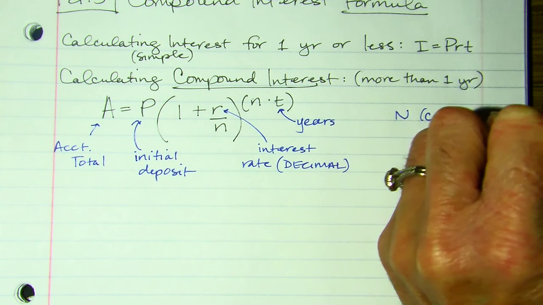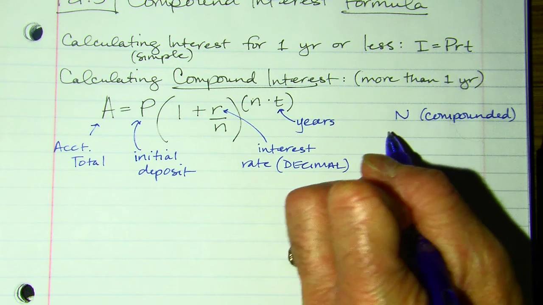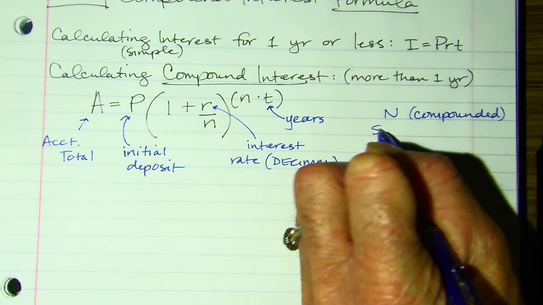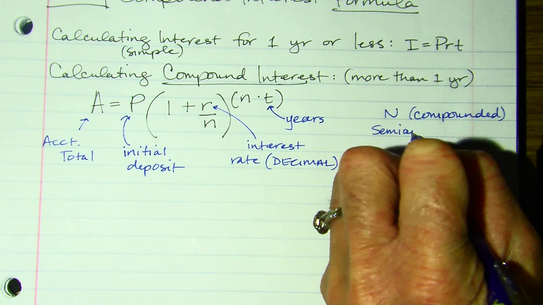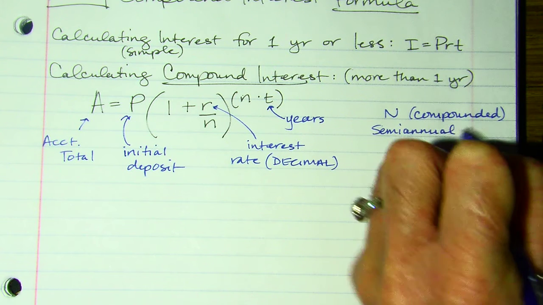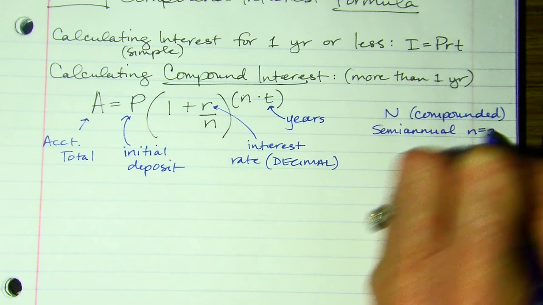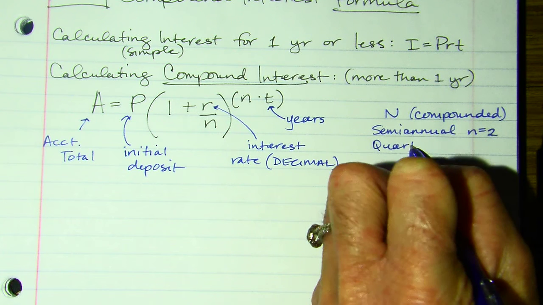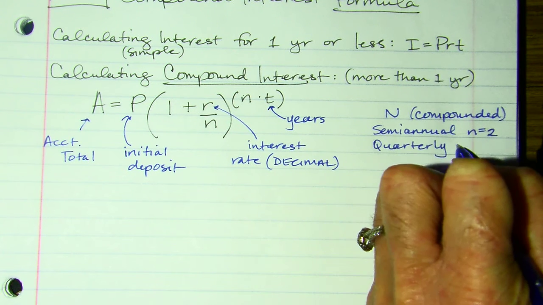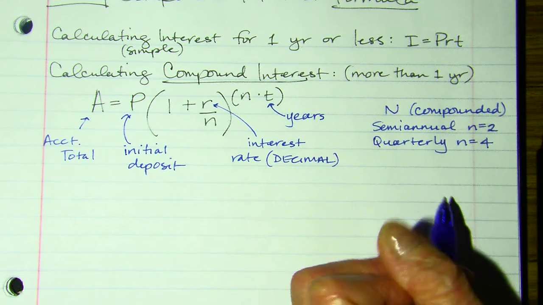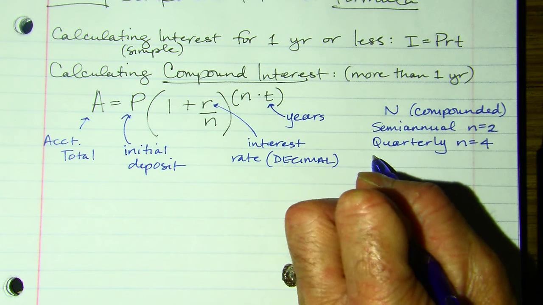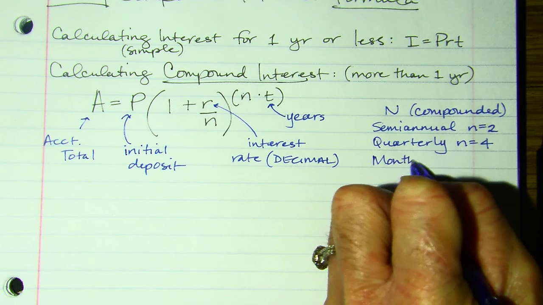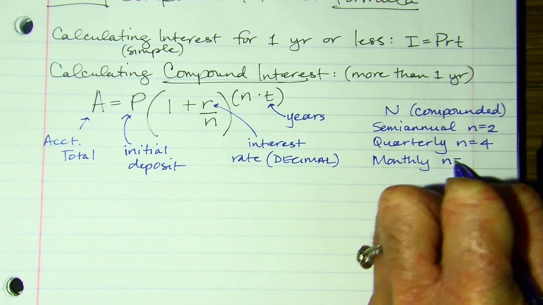So let's review from 2.4. If it says semi-annual, then N equals 2. If it says quarterly, then N equals 4. If it says monthly, then N equals 12.